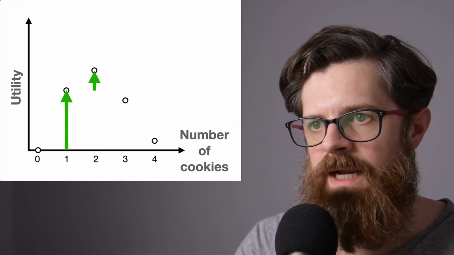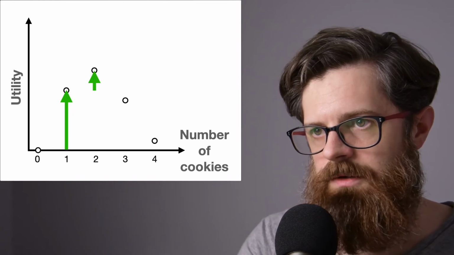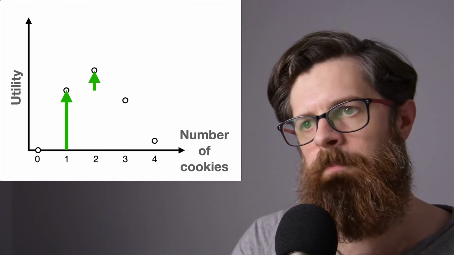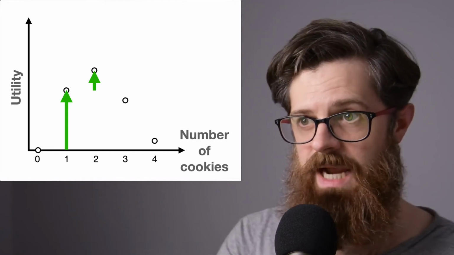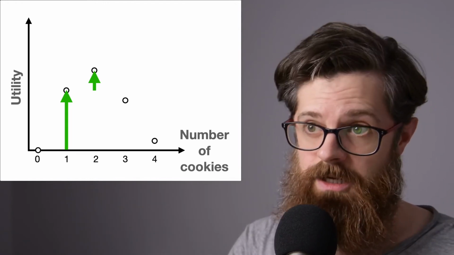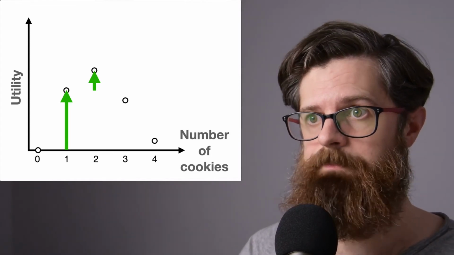If I eat a 2nd cookie, then this might add even further to my subjective utility, but I won't gain as much subjective utility as going from no cookies to 1 cookie.